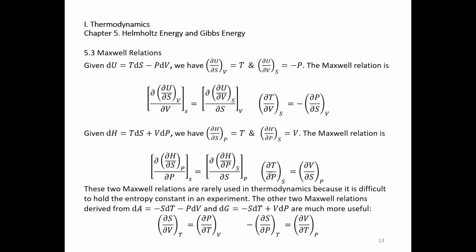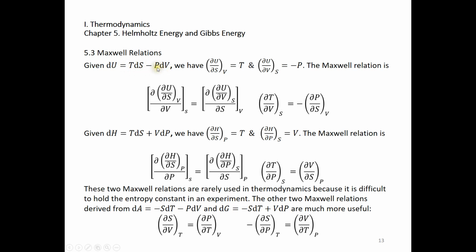Now get back to thermodynamics. Because U, H, A, G are state functions, we can use the differential forms of U, H, A, and G to get the four Maxwell relations. So dU is TdS minus PdV. So T is the partial of U with respect to S at constant volume.